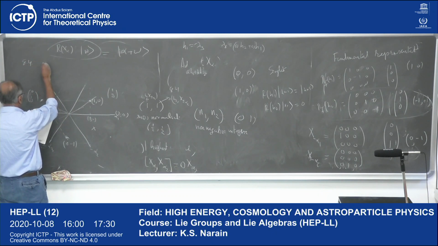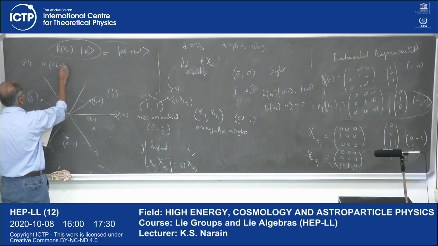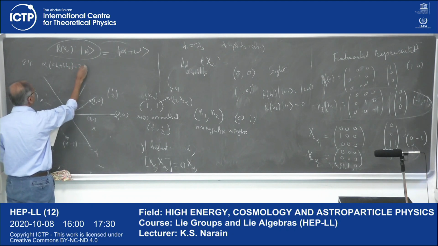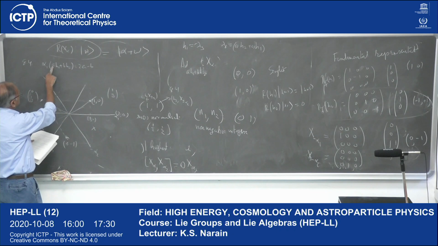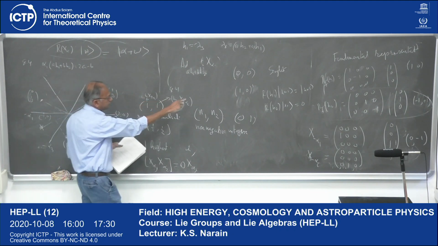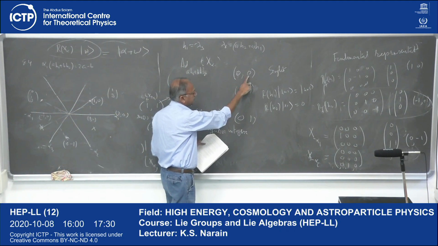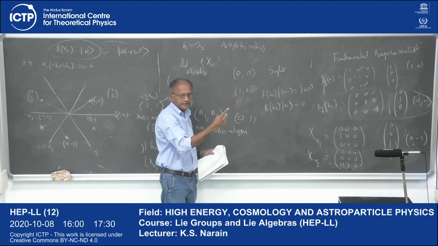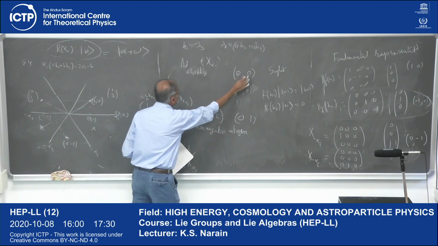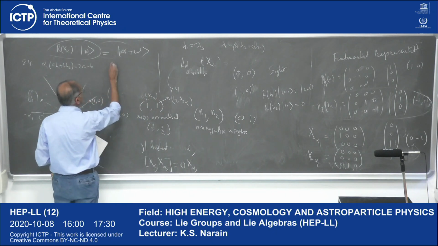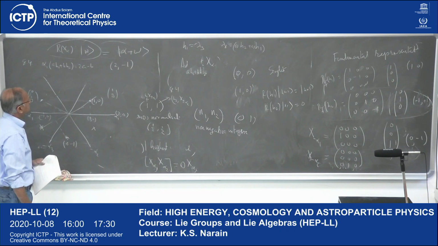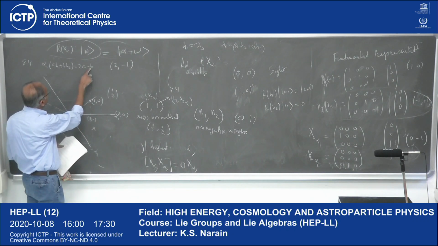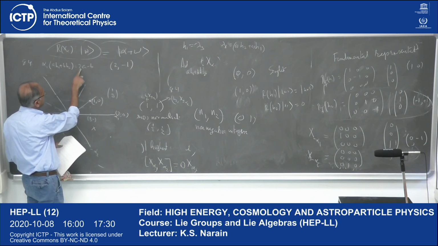Alpha 1 of A H1 plus B H2 was 2A minus B. Which means, in this notation, where we are putting the weights with respect to H1 and H2, this is nothing else but 2 comma minus 1. 2, because if I put B equal to 0, so only H1, then that is 2.